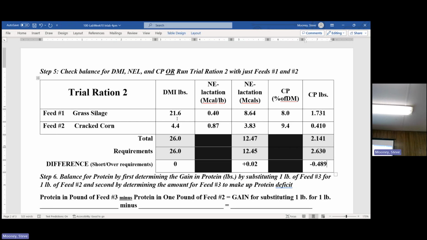For the grass silage for the crude protein pounds, I got 1.728. Yeah, me too. Everybody else should have gotten that, right? So working the grass silage row, what about the other numbers in that row? Everybody happy with those?